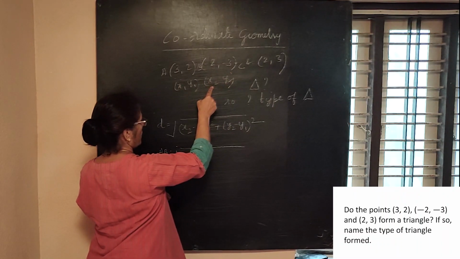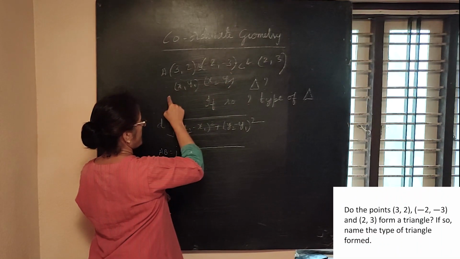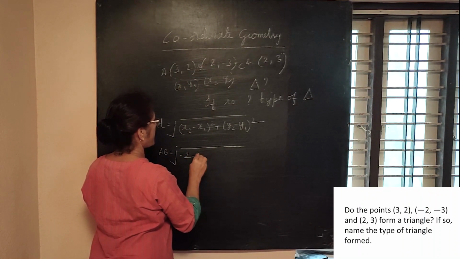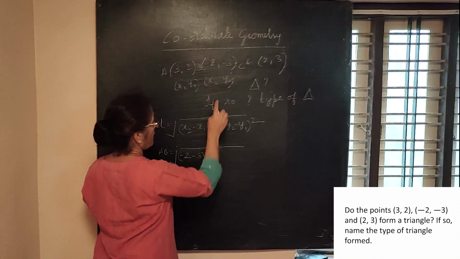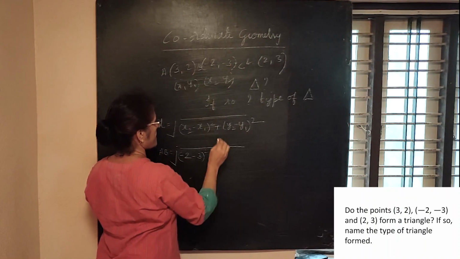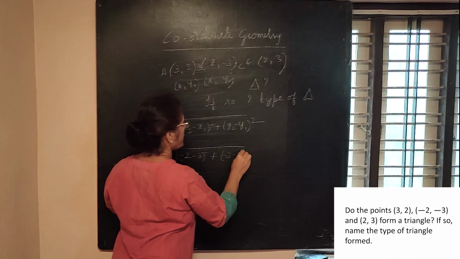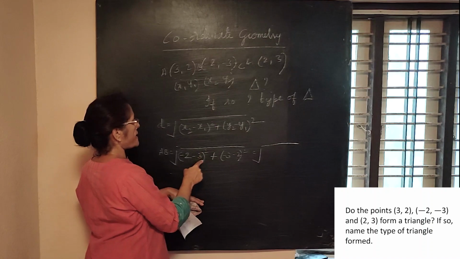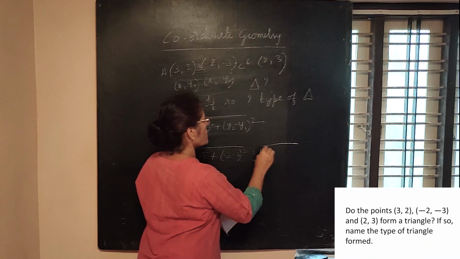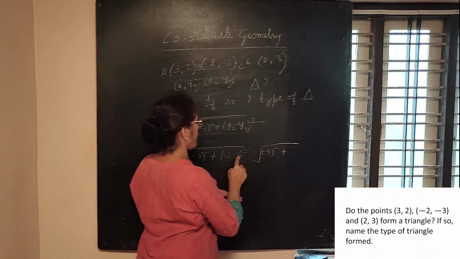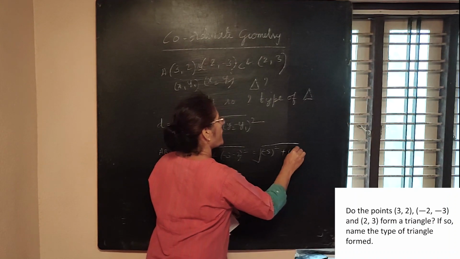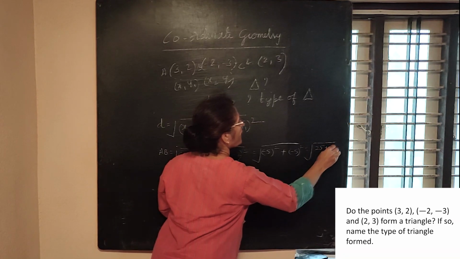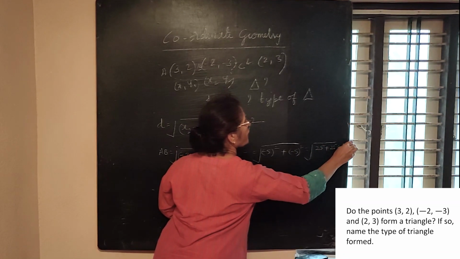So AB is equal to the square root of (-2 minus 3) the whole square plus (-3 minus 2) the whole square, which is the square root of (-5) squared plus (-5) squared, which is the square root of 25 plus 25, which is the square root of 50.